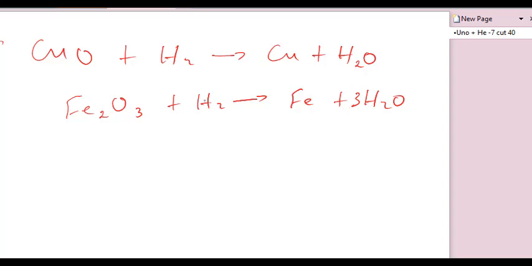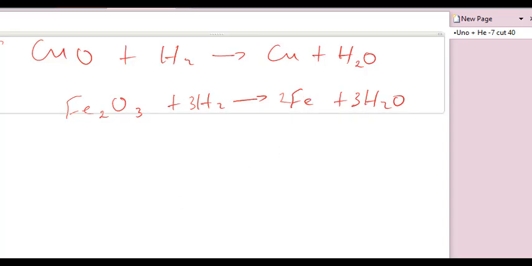So the hydrogen has become 6, so we balance it with 3. Iron here is 2, so you put 2 here. So that is that. The same thing for lead(II) oxide and also zinc oxide. When they react with hydrogen, it will reduce them to the respective metals.